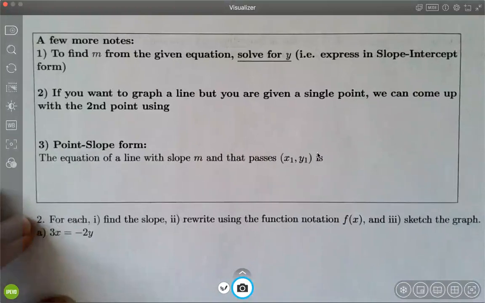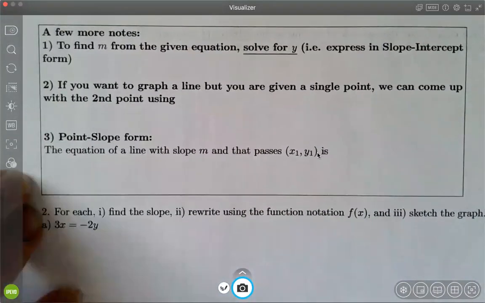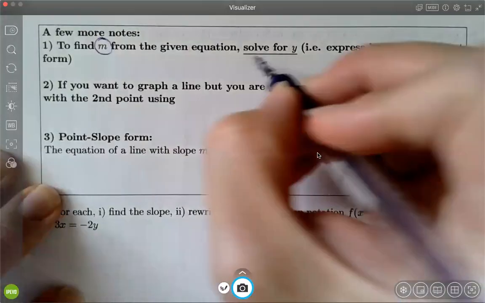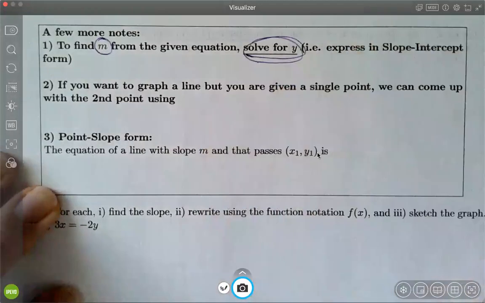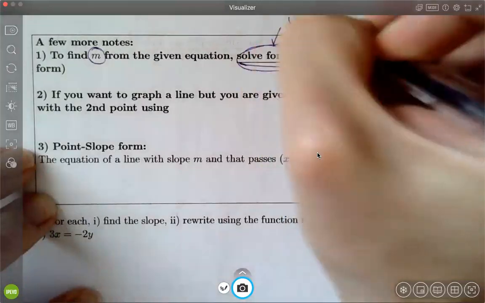Okay, so now a few more comments before we do the next two problems. To find the slope from the equation, isolate y. Okay, what's the reason? Because isolating y means what? y equals mx plus b, right?